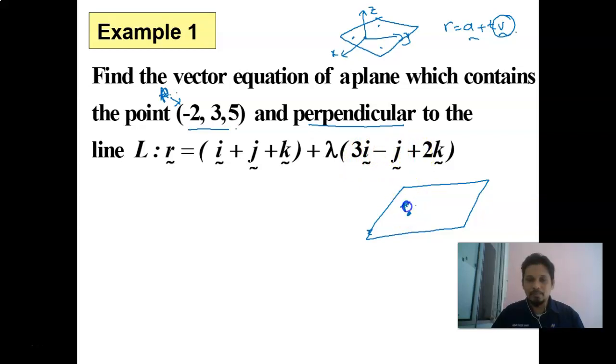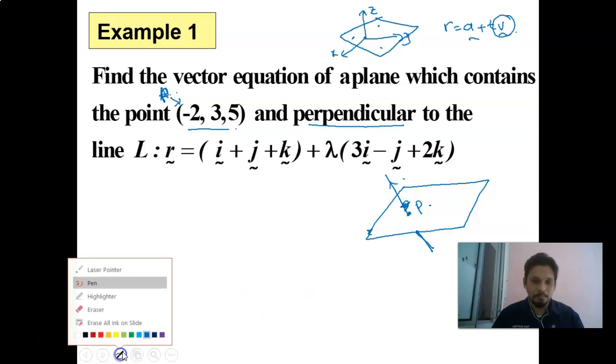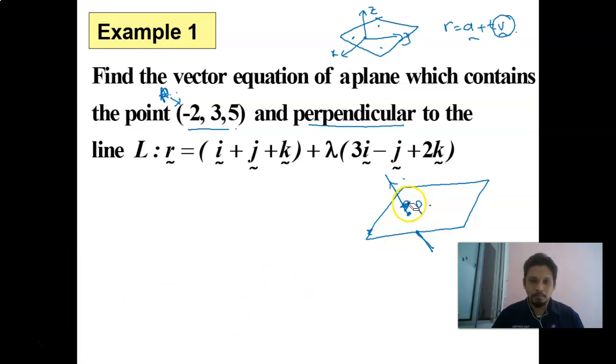If I put a P here, this is the coordinate of P, and in the graph the line from down here passes through this point, and this line and the plane form 90 degrees to each other.